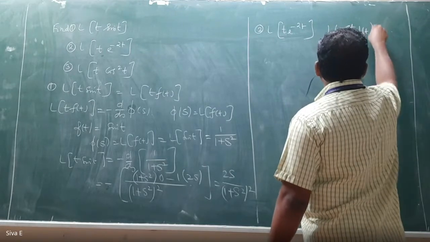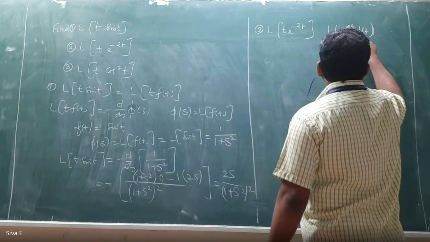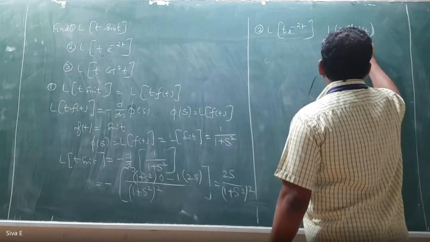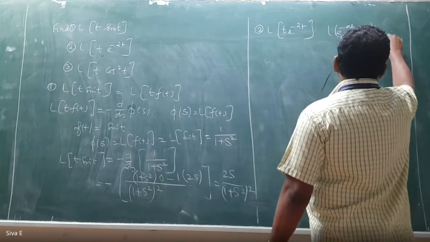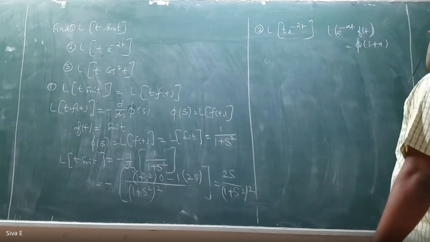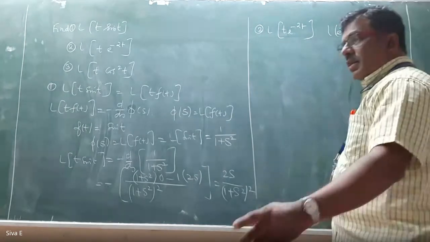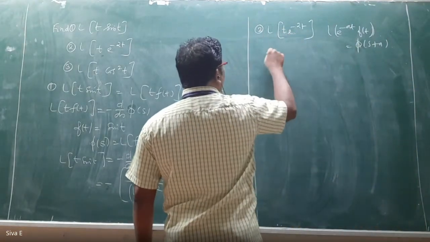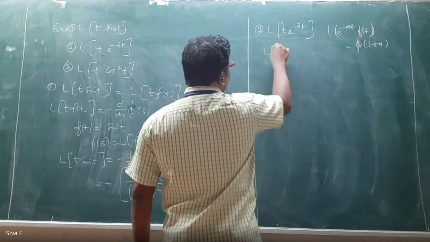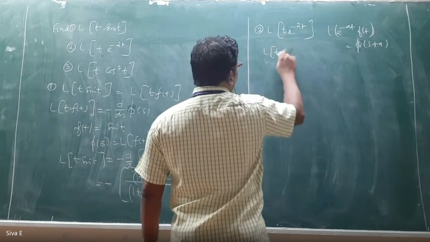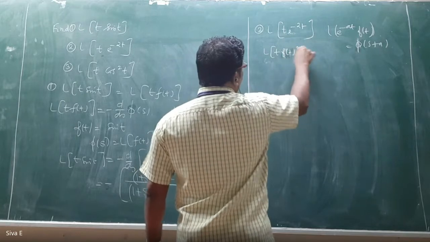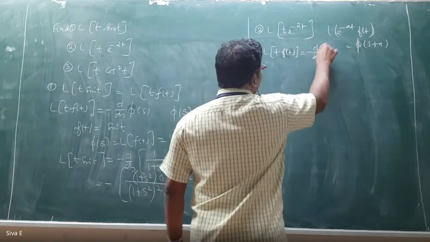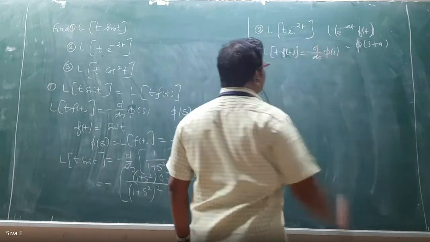Laplace transform of e power minus at f of t is phi of s plus a. That is one way. Yesterday we have done. Another way is t into f of t format. So what is Laplace transform of t into f of t? That is minus d by ds of phi of s.